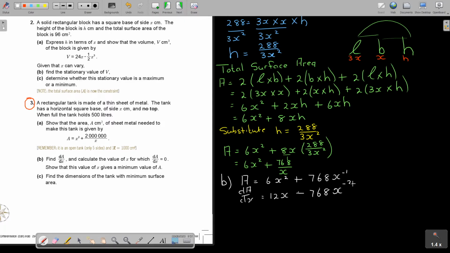Okay, now for stationary values, let's see. Stationary value of A when dA over dx is equal to 0. Okay, so I put a 0.